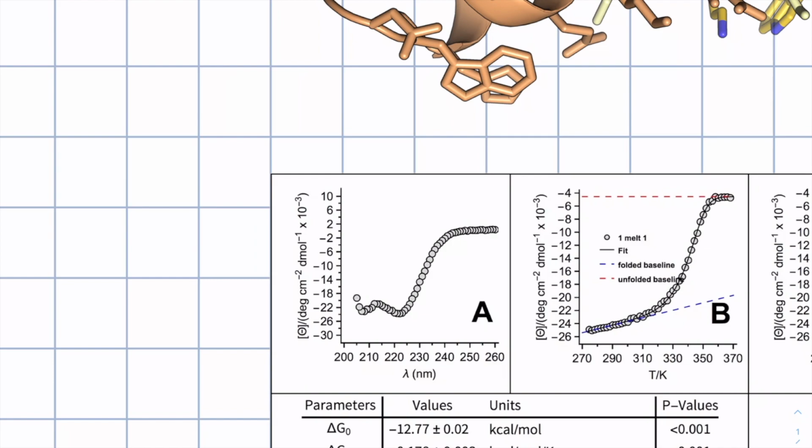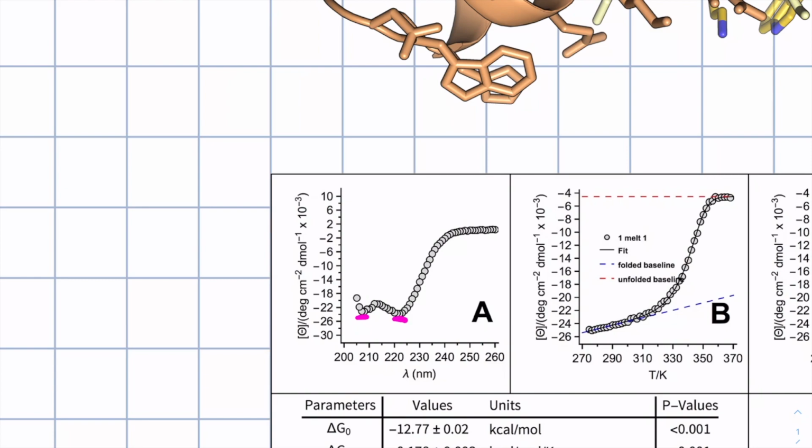A helical protein, an alpha helical protein, will tend to show a minimum in the CD spectrum at around 222 nanometers and again at 208 nanometers. And if you take the ratio of the peaks at 208 and 222, you can get an idea as to whether those helices are associated with each other or are on their own, and the spectrum changes.